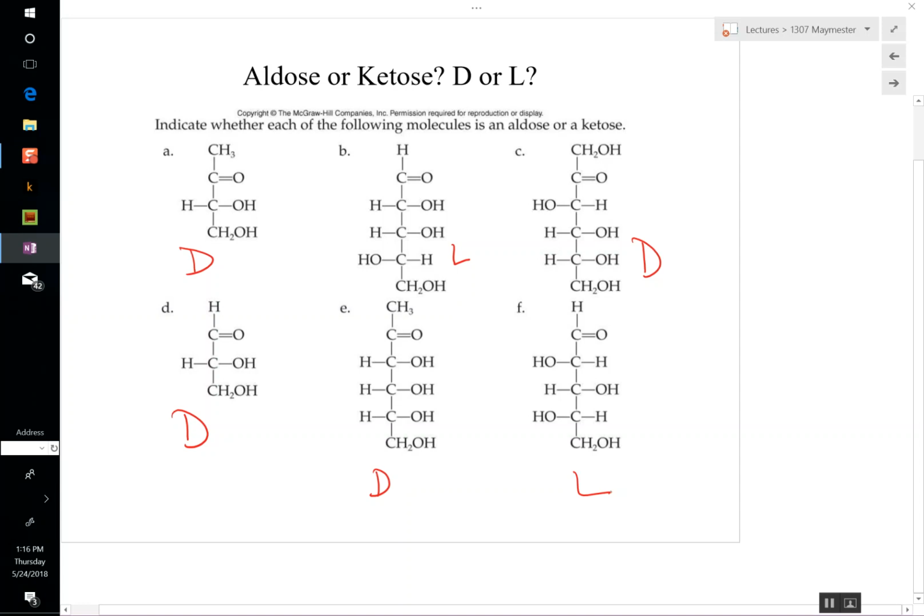This slide is also asking, is it an aldose or a ketose? Okay, what is this? Ketose. Aldose. I'm not asking you to name them, just what class they fall into. Aldose.